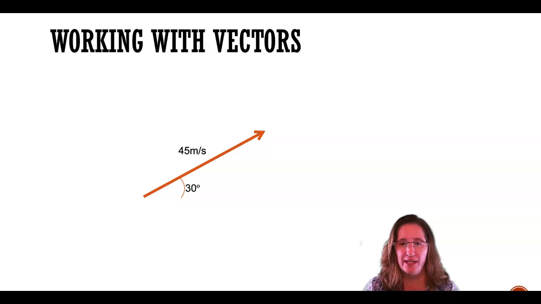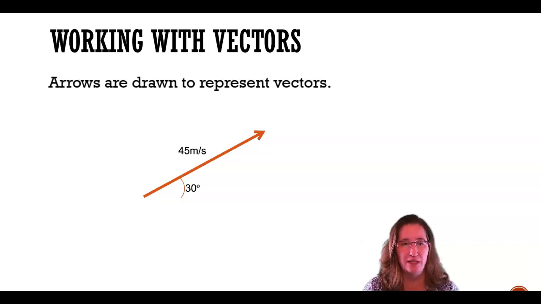As we look at this, the first thing that we have to understand is what happens when you have a vector that is at an angle and how do you deal with it. When we've talked about vectors in the past, we've just said a vector is something that has a magnitude and a direction. Those can be physically represented with arrows.